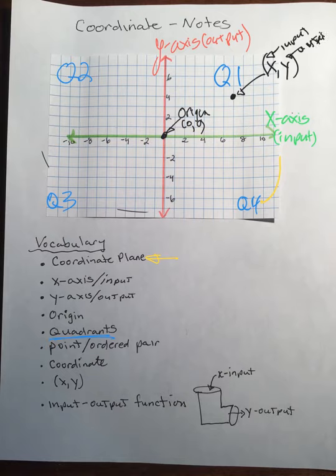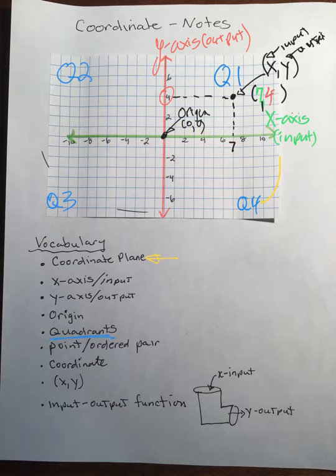So what would the input output of that location be? So for that particular point, if we follow it down with our eyes, we can see it has an input of 7. And if we follow it over to the output line, we can see it has an output of positive 4.